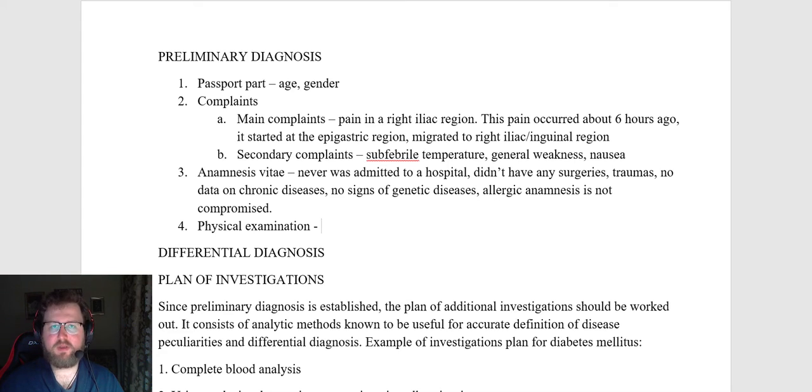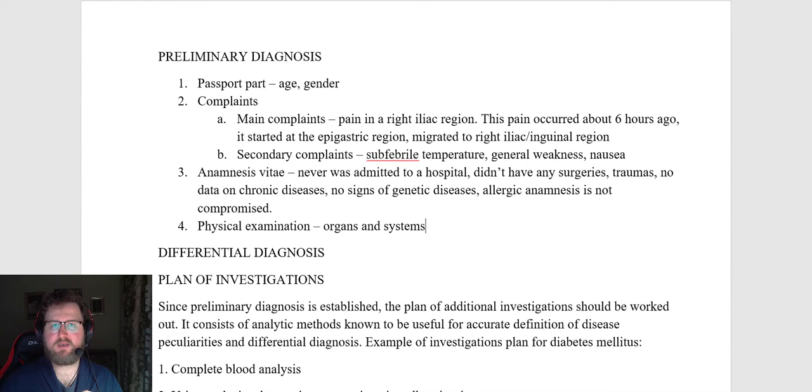Our physical examination was built by organs and systems. You will have to describe briefly what's wrong about some system or some organ of some system.